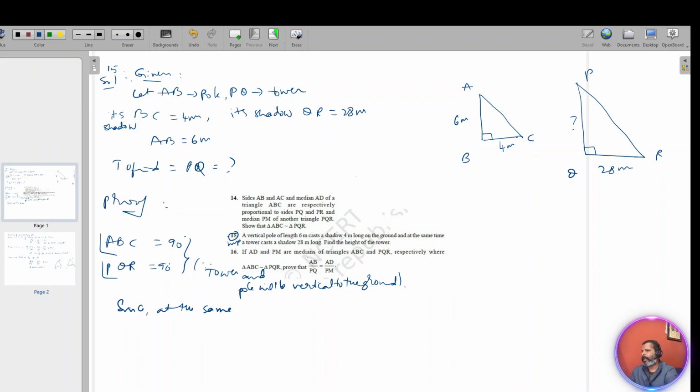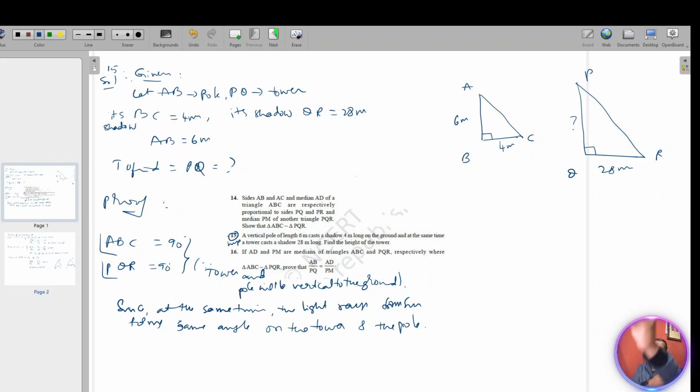Okay, and at the same time, the light rays from the sun form the same angle on the tower and the pole. Means the sun, what angle? Same angle on the tower. What is the angle?